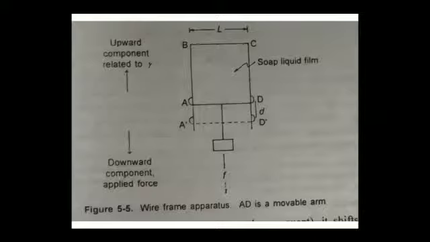The side AD remains stable on account of surface tension exerted by the soap film. When force is applied downward, the film gets stretched as the movable bar AD goes down until the film breaks. When the applied force is less than that required for breaking, the film retracts on account of surface tension. The upward force occurs due to surface tension. The downward force is the applied force.